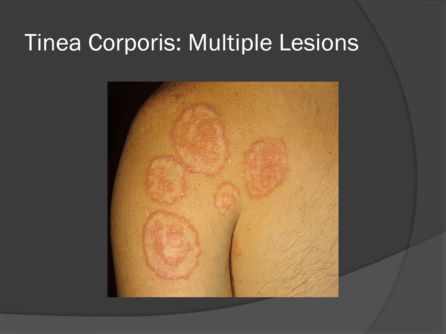Even if a patient has multiple lesions of Tinea corporis, they tend to be localized into one area of the body or of the skin that might have come into contact with fungal spores.